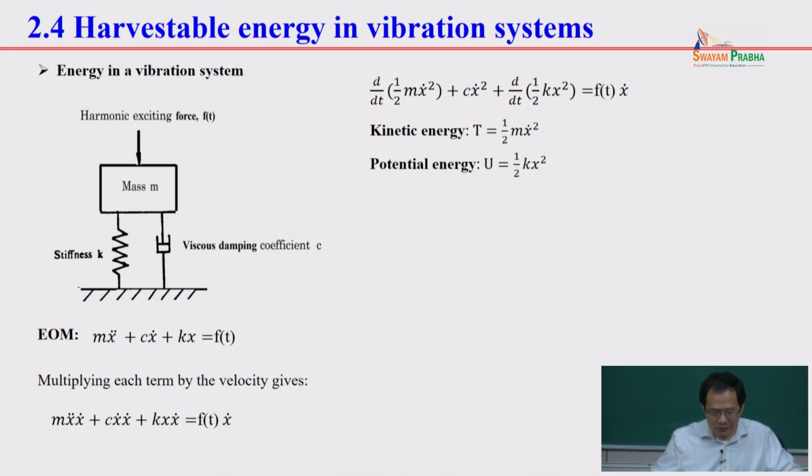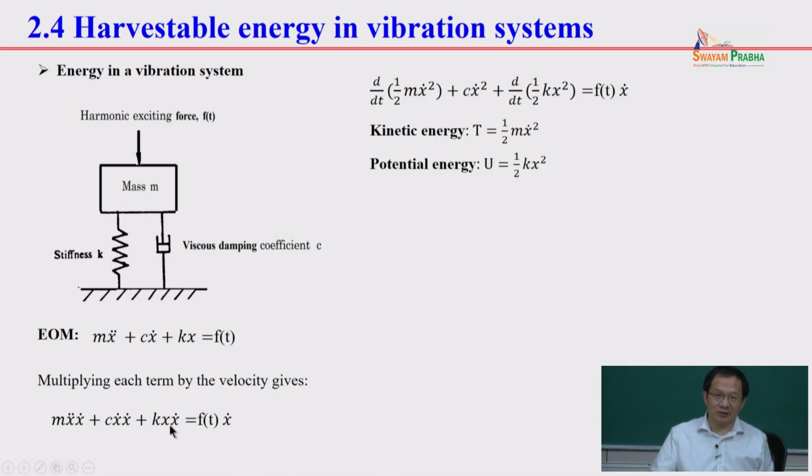So now you want to find the power. Force times velocity will be power. Therefore, the input power is the force F times velocity x dot, the instant power.